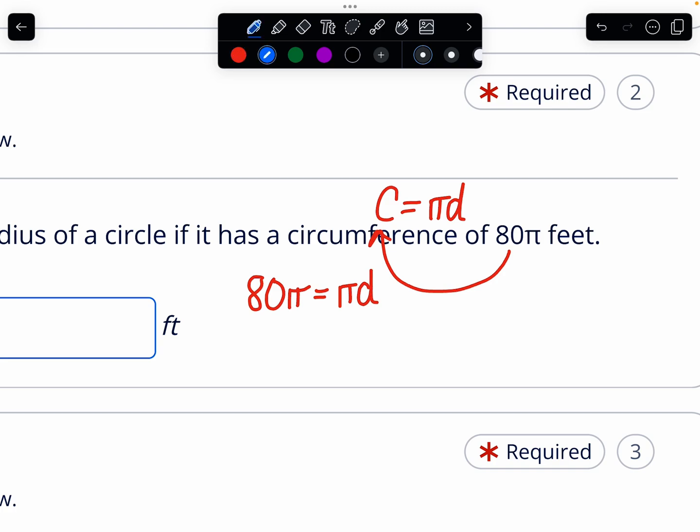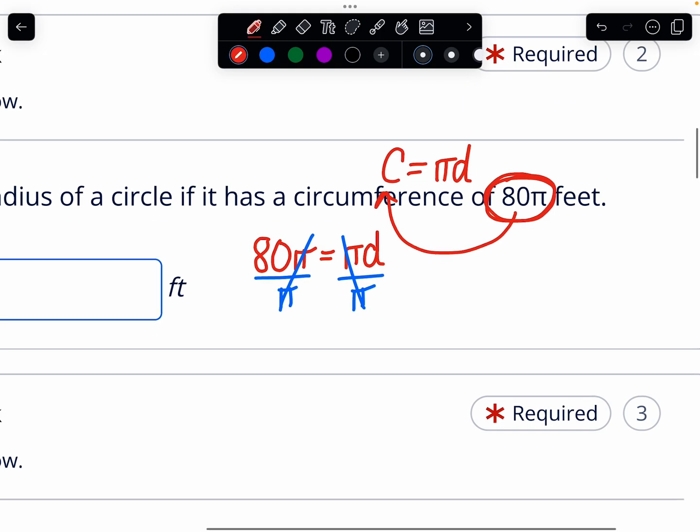Now, to solve for the diameter, I could divide both sides by pi. Both sides have a pi symbol because the circumference was given to us in terms of pi. So all I have to do is cancel out the pi symbols. I don't even have to use the calculator for that. And I'll get 80 equals the diameter.